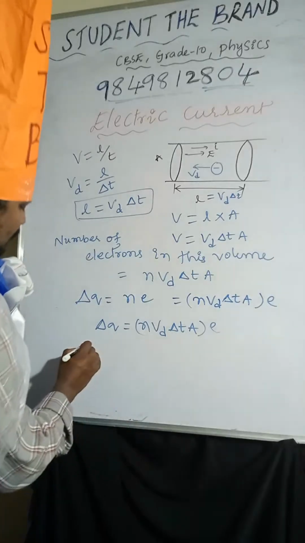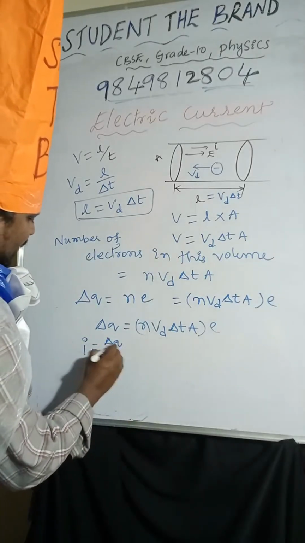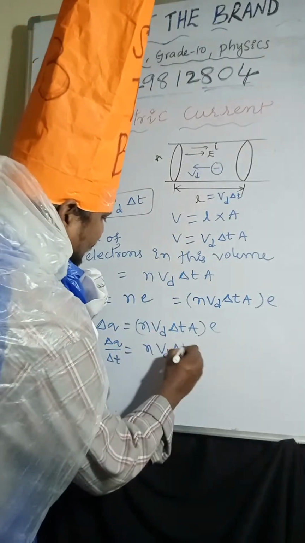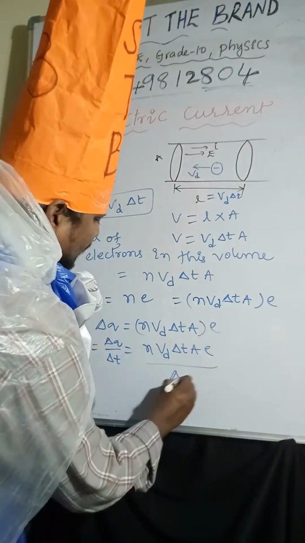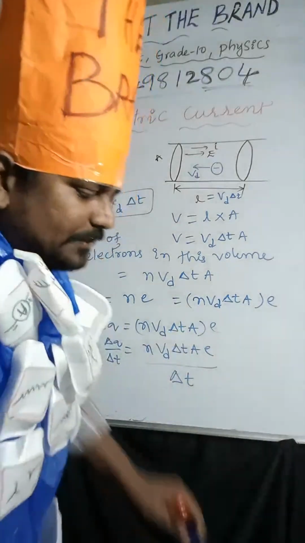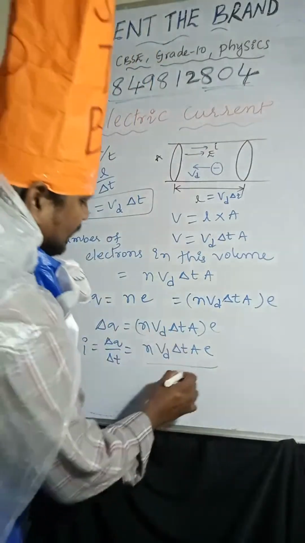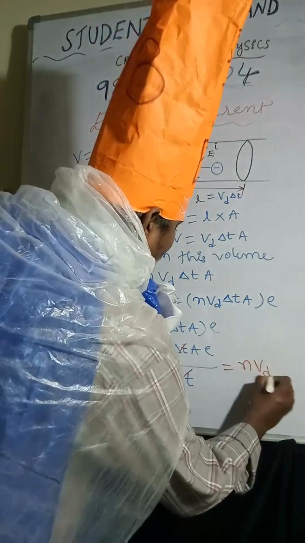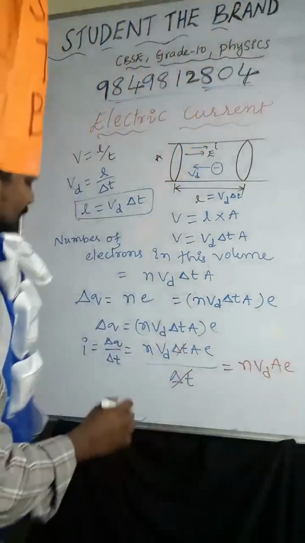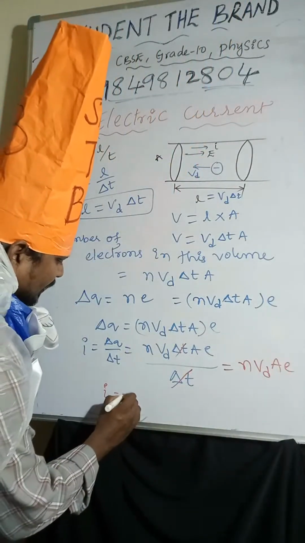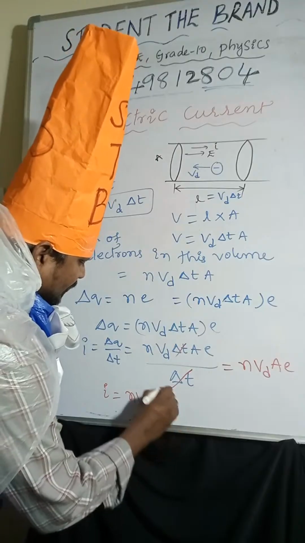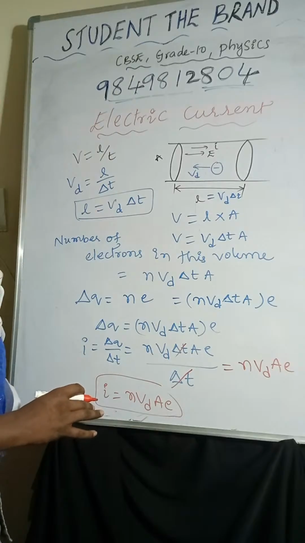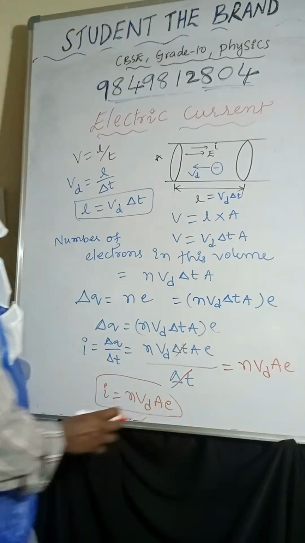Current I equal to delta Q by delta T, that is N into Vd into delta T into A E by delta T. Can we cancel delta T? So I'm cancelling delta T. Then you will get N Vd A E. So I equal to N Vd A E, or N E A Vd also we can write. I hope it is very clear.